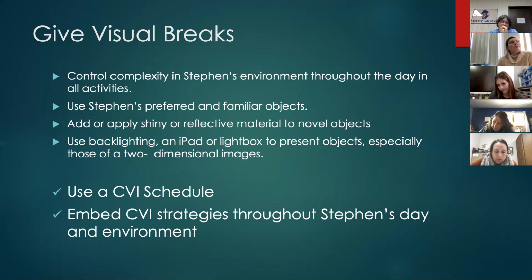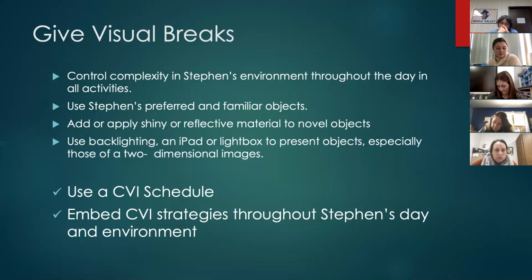We want to control the complexity in Stephen's environment throughout the day and all of his activities. That will help keep things smooth. We want to use Stephen's preferred and familiar objects. Again, we can add or apply shiny or reflective materials to novel objects that will help him see.